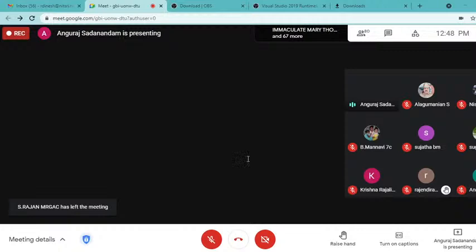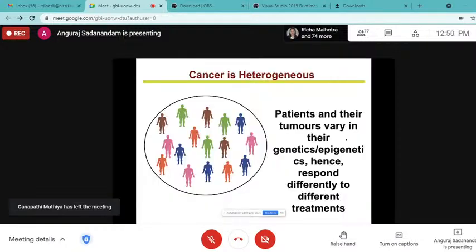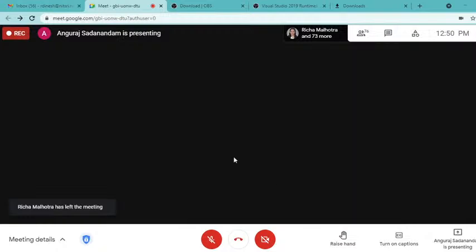With cancer, I'm not going to go into the usual definition of what cancer means. It's highly proliferative cells, and that kind of information. I just wanted to tell you how complex cancer is. Cancer is highly heterogeneous.